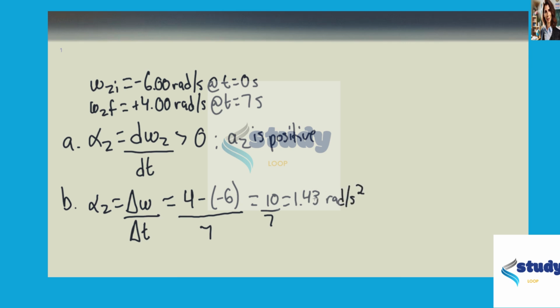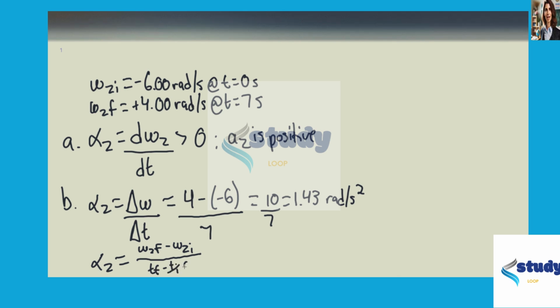And at this point, we can set up an equation and say that the angular acceleration is going to be equal to the angular velocity final minus angular velocity initial all over t final minus t initial.